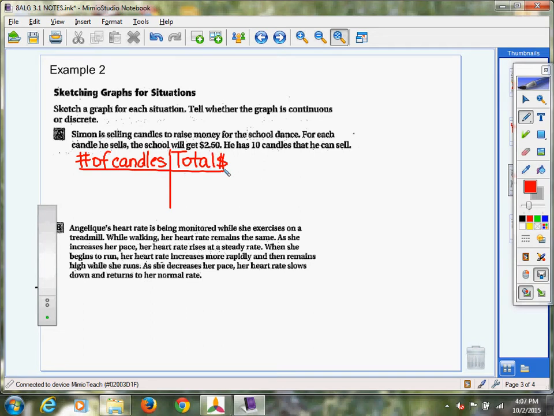Remember, if he doesn't sell any candles, he's not going to make any money for the school. If he sells one candle, the school will get $2.50. If he sells 2 candles, the school will get $5. You get the idea.